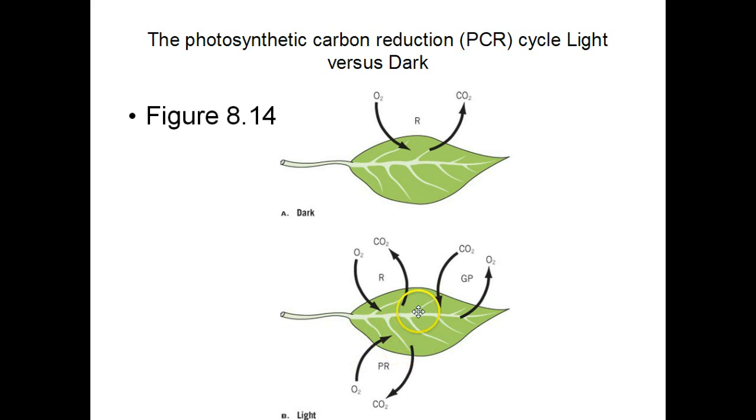So in the light, we have CO2 still going in for fixation, but CO2 is being given off through respiration. So mitochondria are producing CO2 and using O2, and we'll talk about that when we talk about respiration. Chloroplasts are giving off O2, taking up CO2, and we have all these competing reactions, okay?